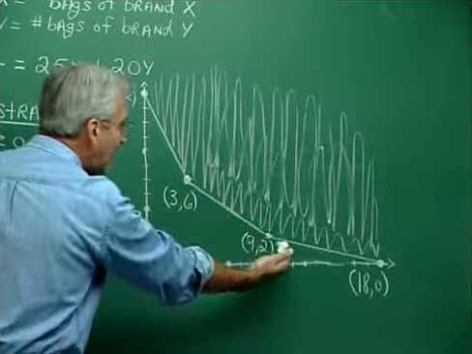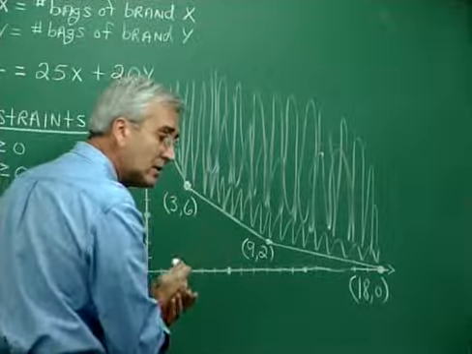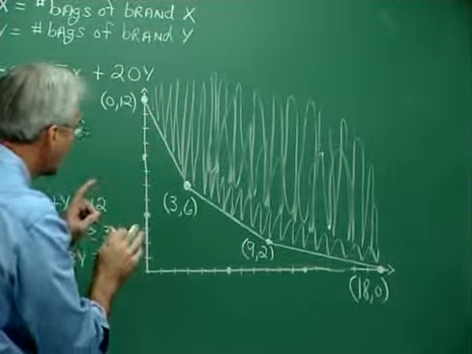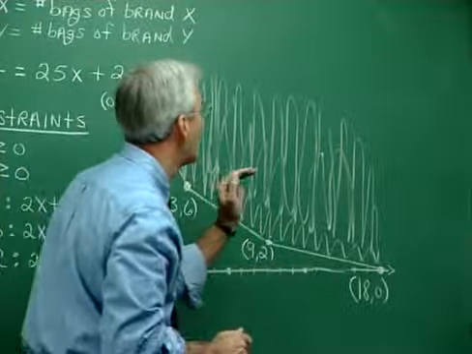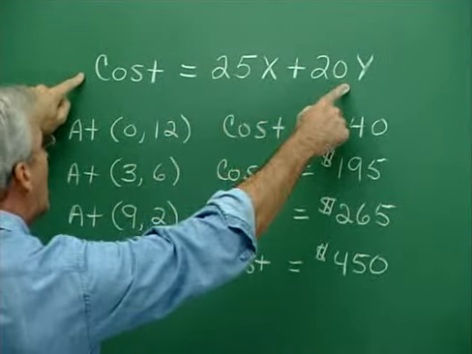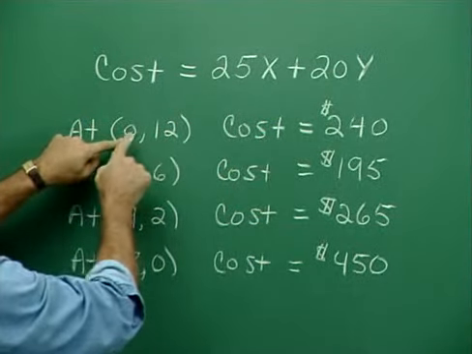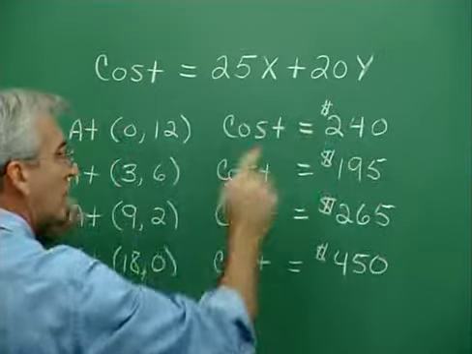And so the minimum value, we minimize at one of those values. So we evaluate the objective function for each of these xy pairs. Let's do that over here. The objective function is cost, 25x plus 20y. So at 0, 12, we replace x with 0 and y with 12, and we find the cost to be $240.